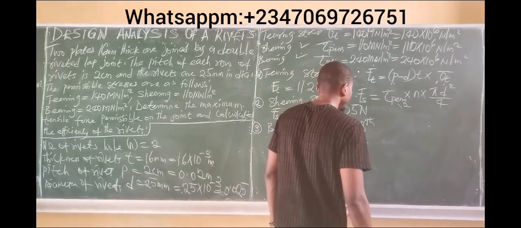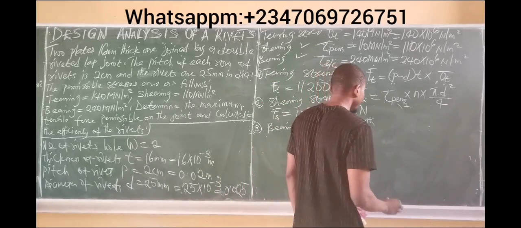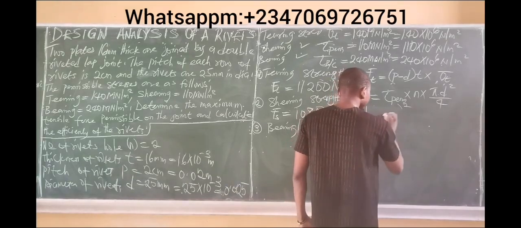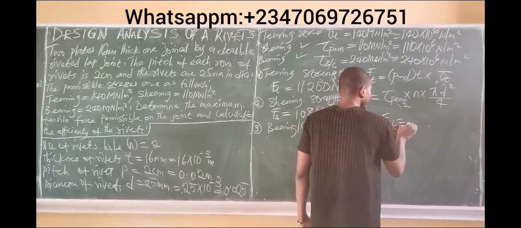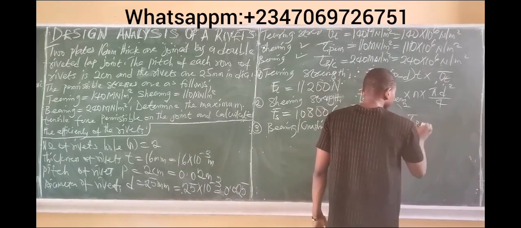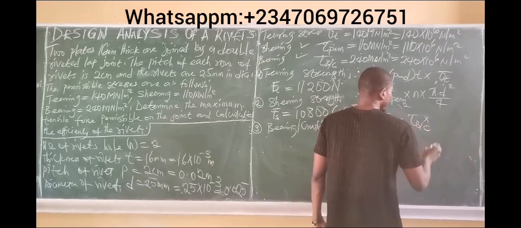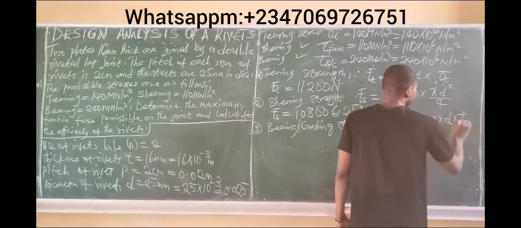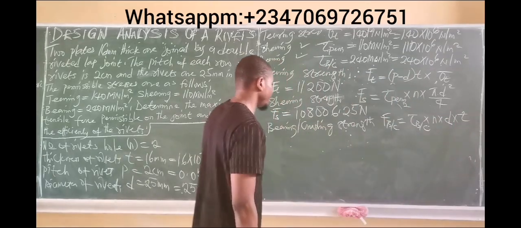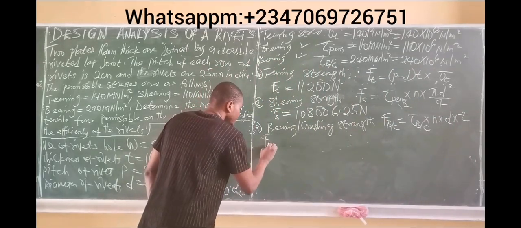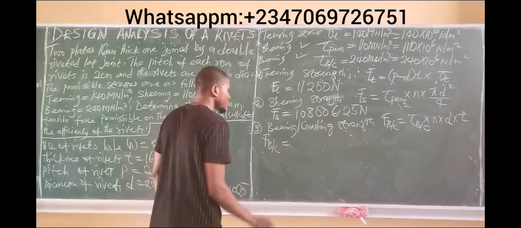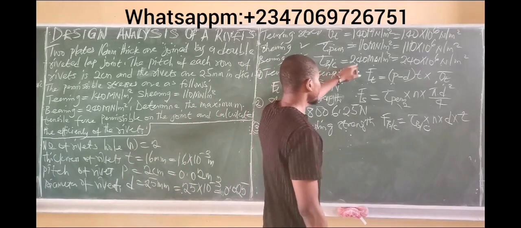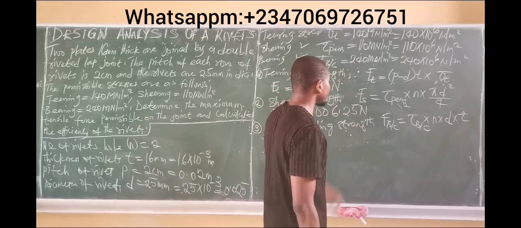And I gave in the previous video that the formula to calculate the bearing strength is simply given as Fbc, the permissible bearing or crushing stress, multiplied by the number of rivet hole, multiplied by the diameter of rivets, multiplied by the thickness of the rivets. Okay, so that means the bearing or the crushing strength is simply equal to the bearing stress, which was given to us as 240 meganewtons per meter squared.